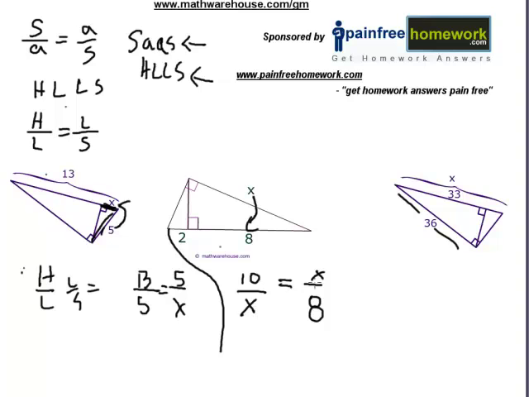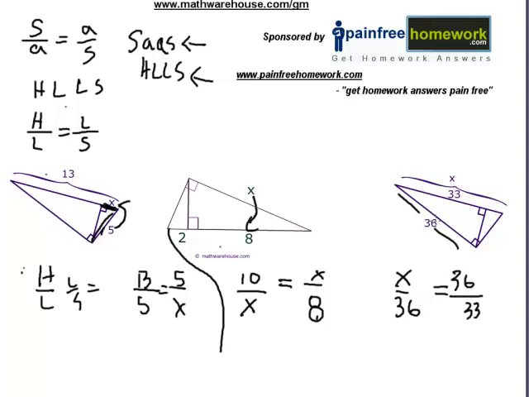Hypotenuse, leg, side. Let's try it again here. Let's try to identify in these triangles. What's the hypotenuse? The hypotenuse of the giant outer triangle is x. What is the leg? Remember, leg is what we're talking about in the part of the giant outer triangle, so it's 36, equals leg 36 over side 33.